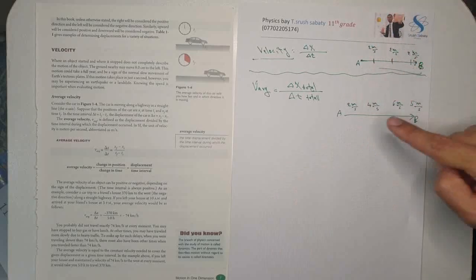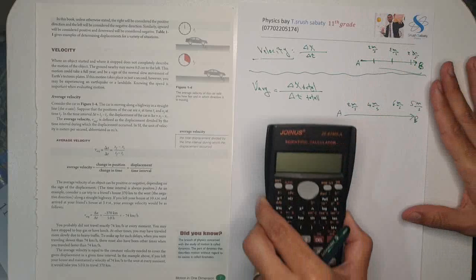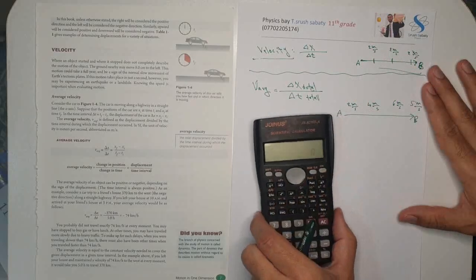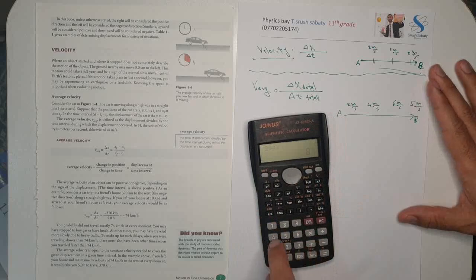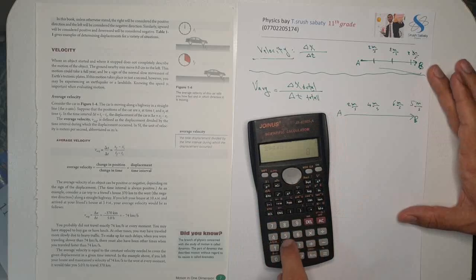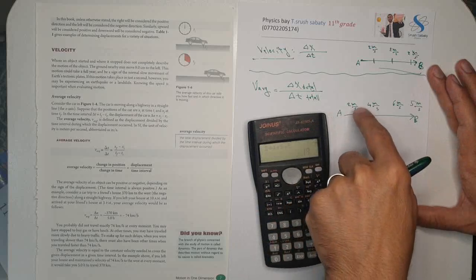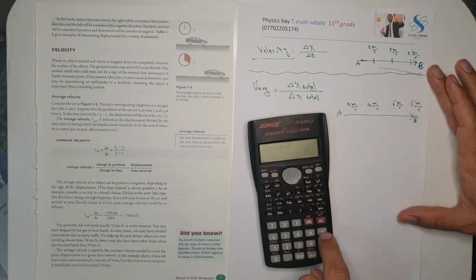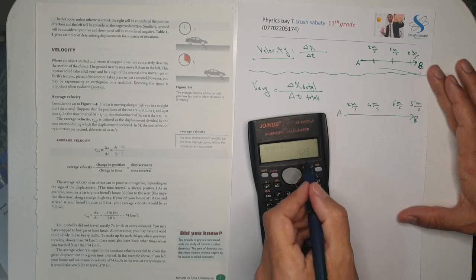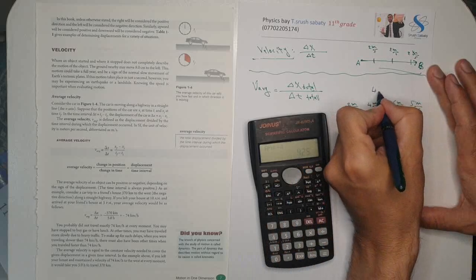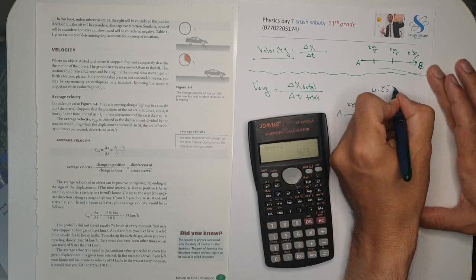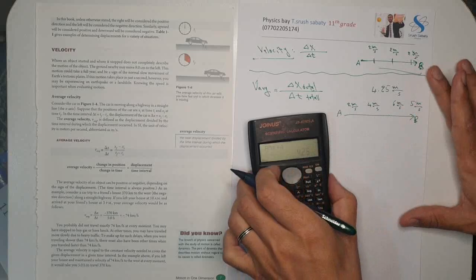But the average velocity is 2 plus 4 plus 6 plus 5, divided by 4, which is equal to 4.25 meters per second.